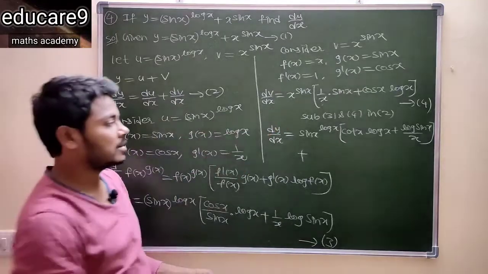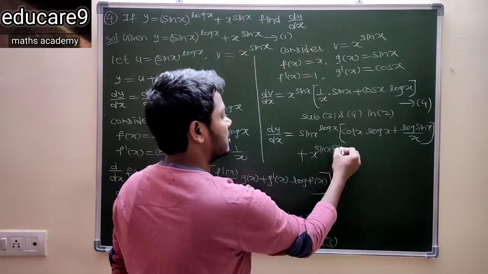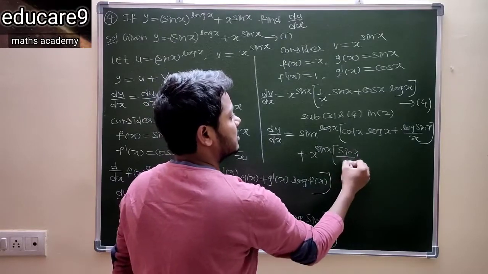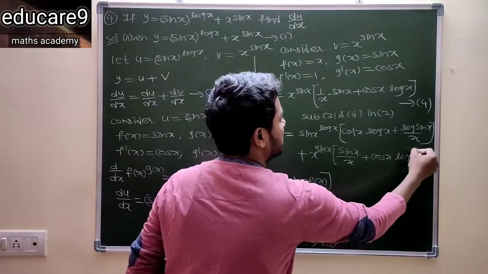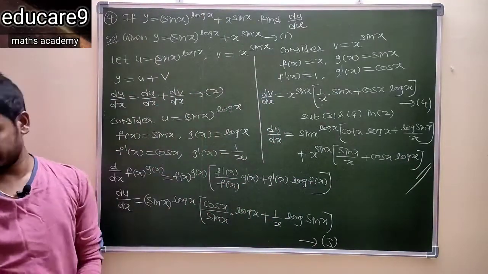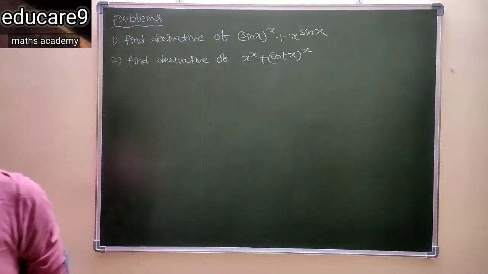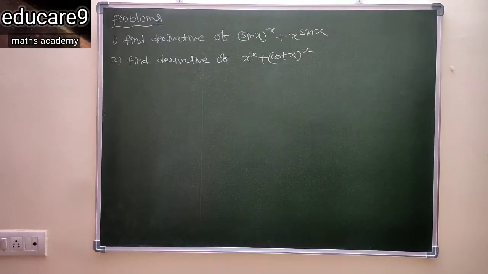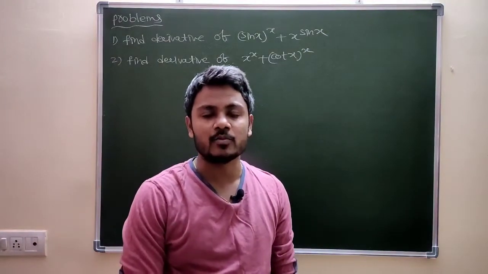So this one, that is x power sin x into sin x by x plus cos x log x. So this is the derivative of the given function. So try to solve these two questions. For next session we will discuss more problems.